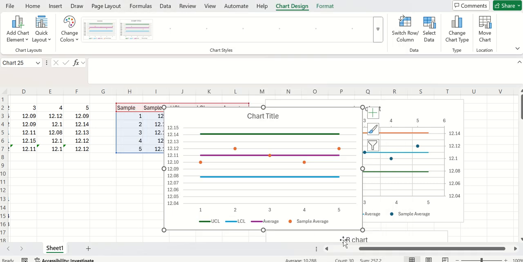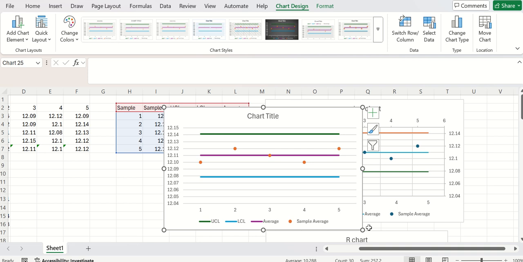I click OK, and everything has come back to what I had before. If you left click on this title, you can change it to an X bar chart.